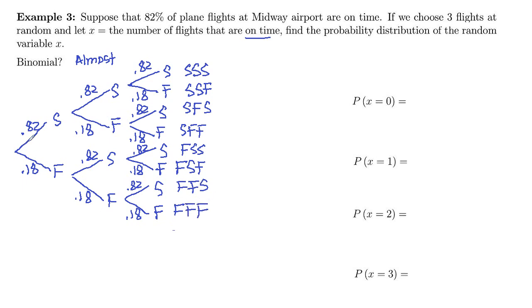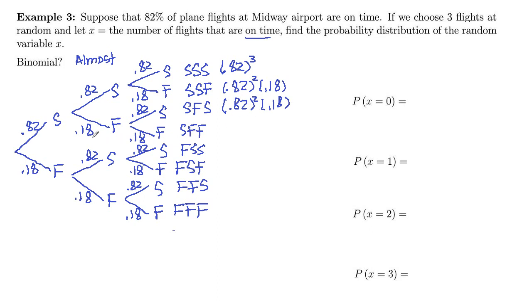Then remember, we multiply along the branches. This one is going to be 0.82 cubed. Here 2 are on time, so that's two 0.82s and one 0.18, so 0.82 squared times 0.18. Then 2 successes there, so that's 0.82 squared times 0.18.